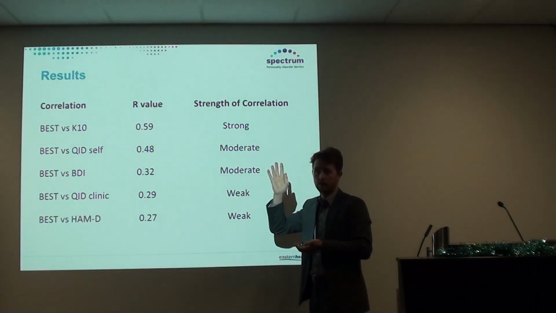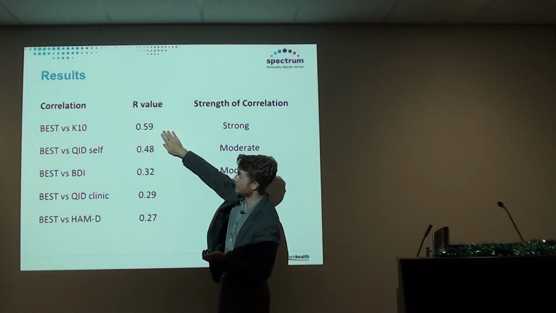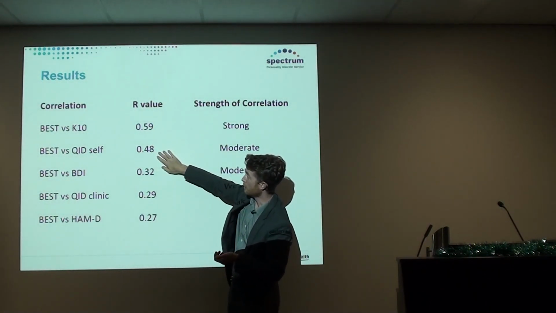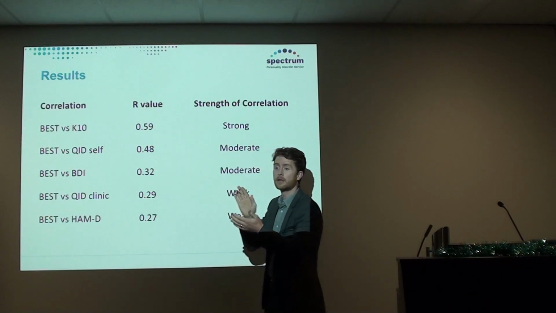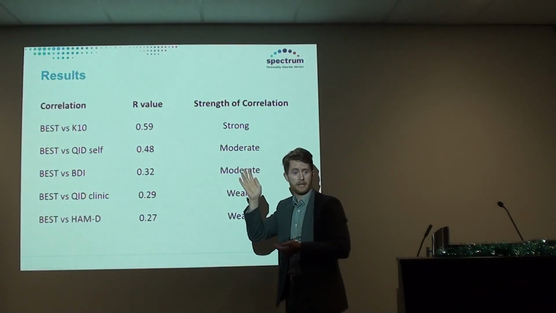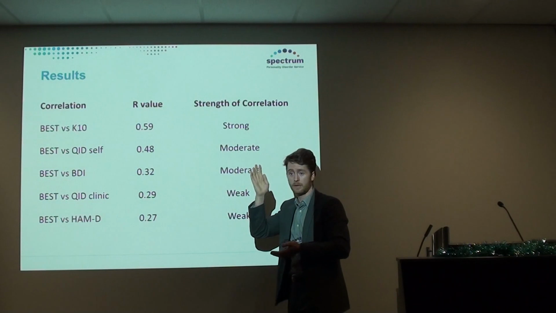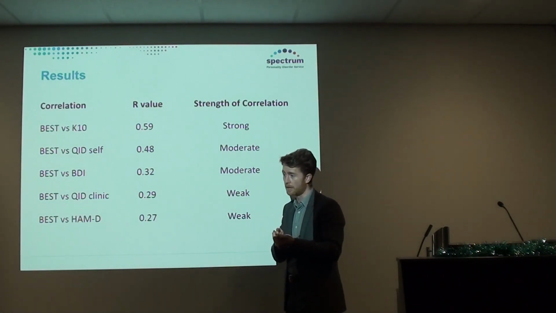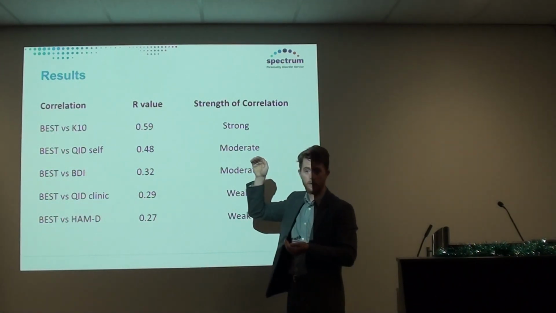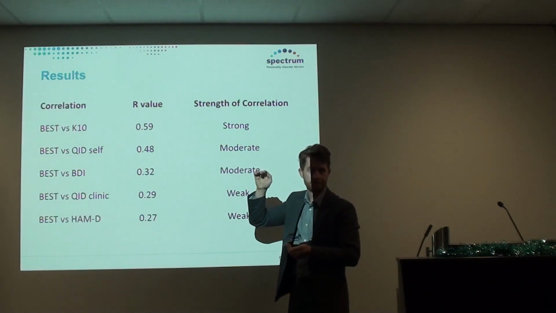And so what you're looking at again is that the K10 and the other client-rated scales are better correlated with symptoms of BPD. So basically if you have a greater severity of BPD, you're more likely to report a higher level of depression.